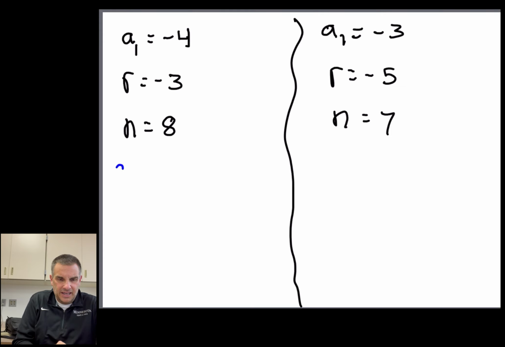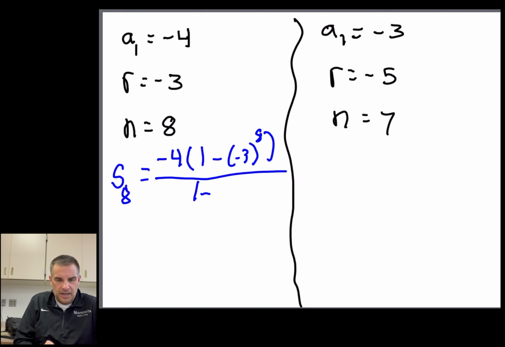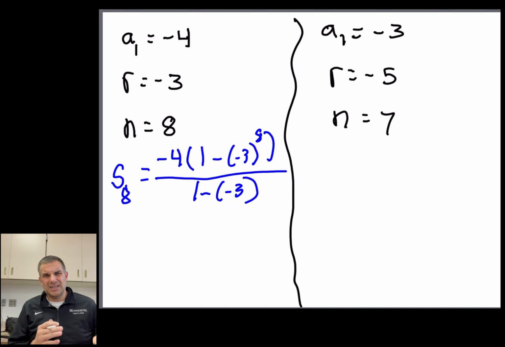So we're going to find the sum of the first 8 terms. S of 8 is going to equal our A1, which is 4, times 1 minus our rate, so that's negative 3, to the 8th power, all divided by 1 minus negative 3. They gave us everything this time.